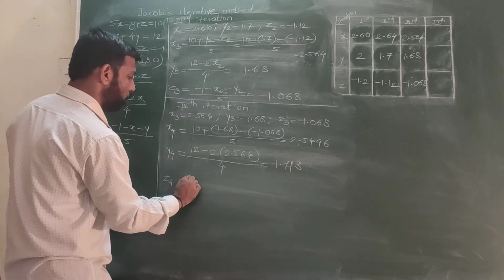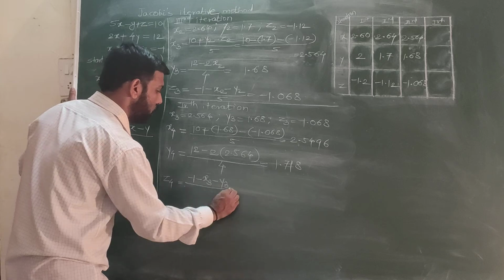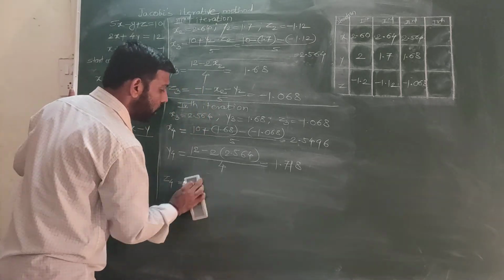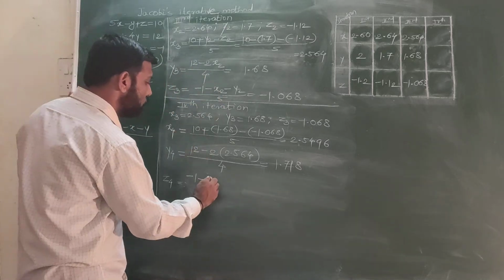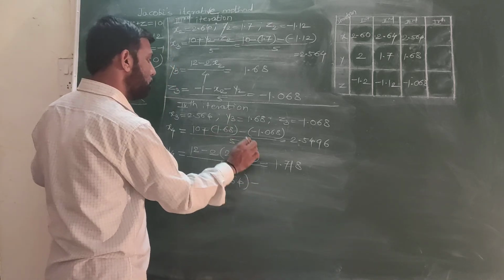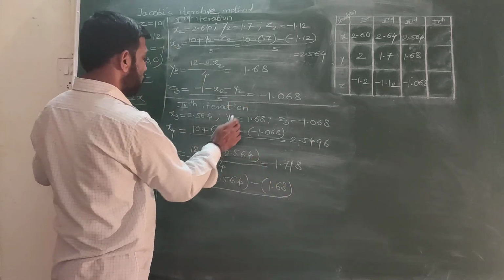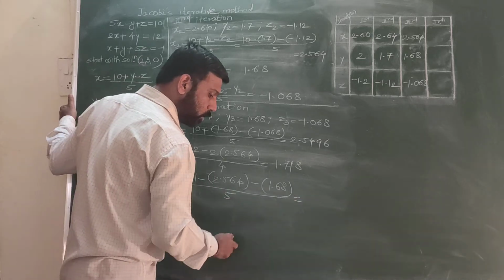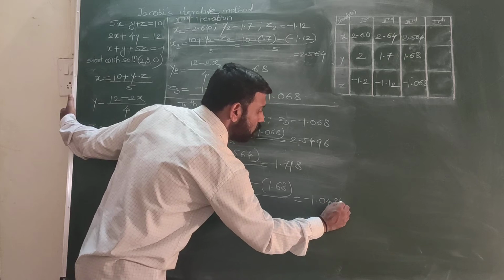z4 equals (minus 1 minus of x3 minus of y3) divided by 5. Minus 1 minus x value 2.564 minus y value 1.68, divided by 5. Output of this is minus 1.0488.